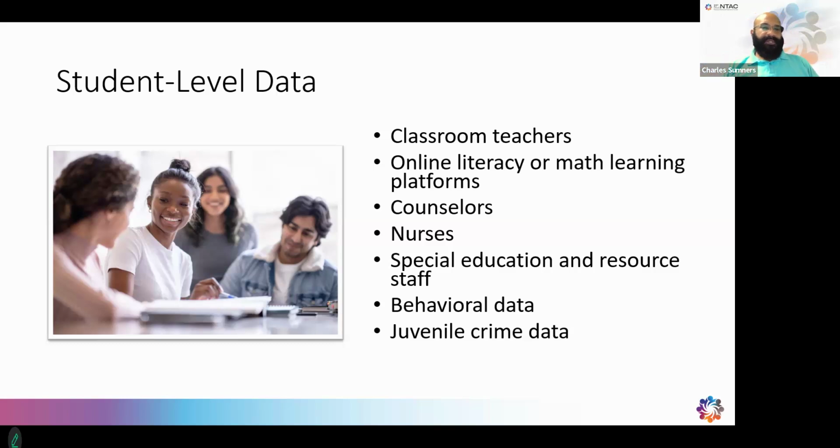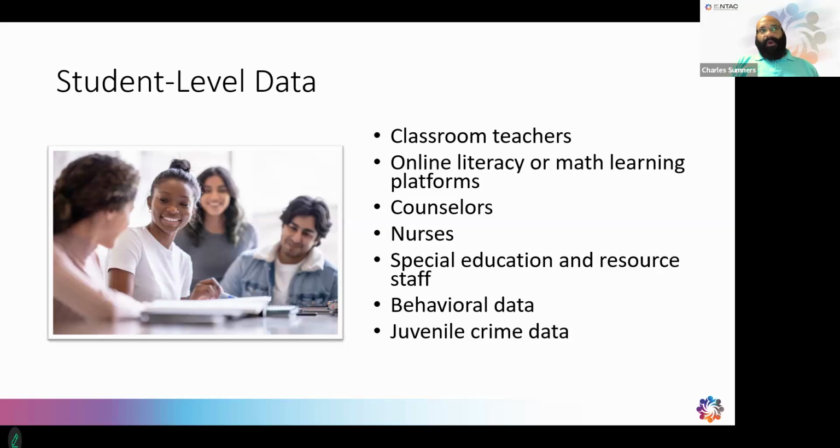Partnering with your school day staff, as well as local agencies and community organizations, can help you really gather and analyze this data so that you target students for enrollment who are going to benefit the most from your program's interventions. Some key sources of student level data include academic performance, that we were talking about, attendance, behavior, social emotional well-being, as well as external factors like juvenile justice involvement, like I just mentioned.